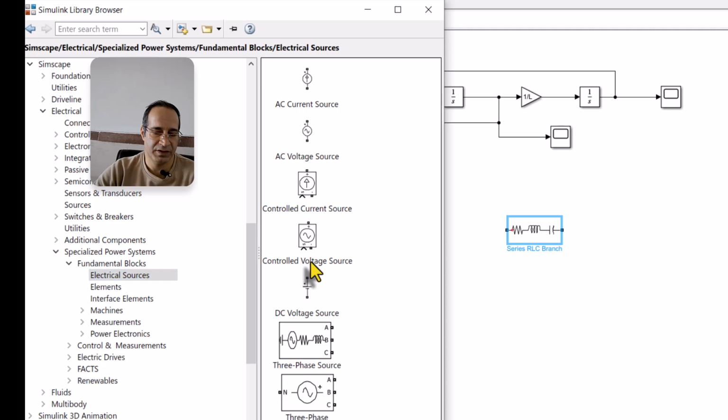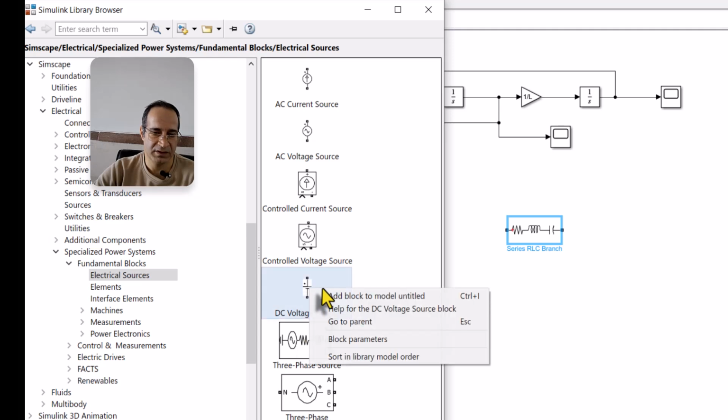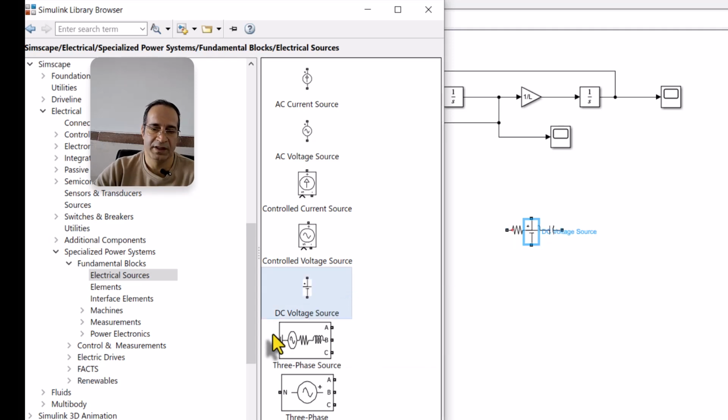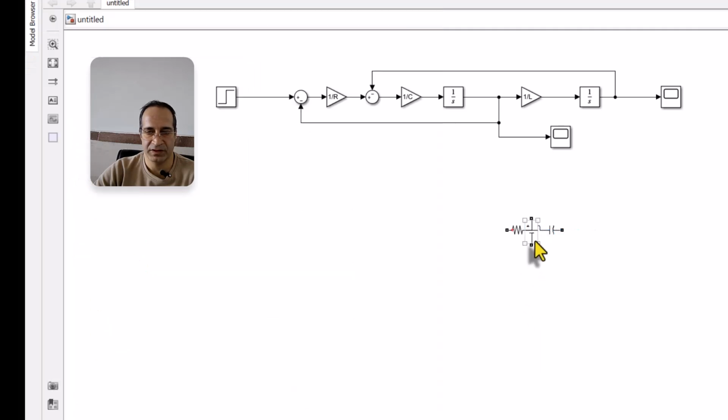I need a voltage source: constant voltage, AC, DC, controlled current, DC voltage source. This is the DC voltage source. And then I need, what else? I think that's all. RLC, input and scope. It's enough.